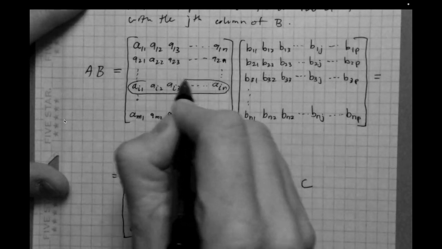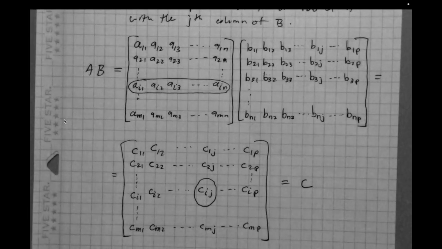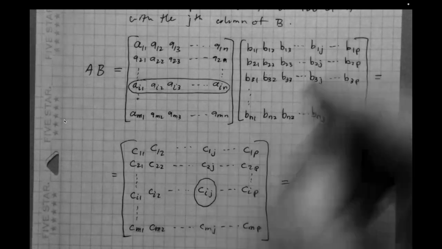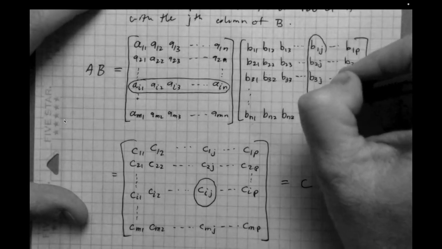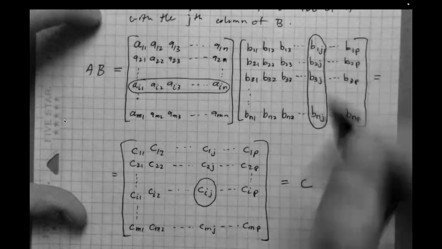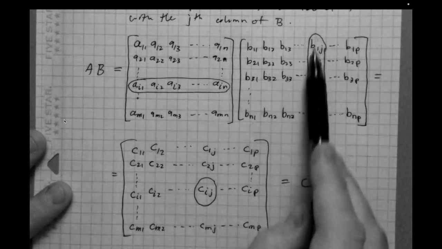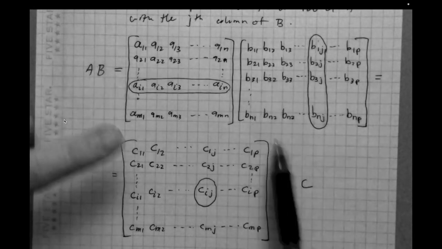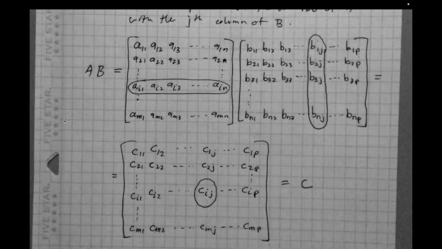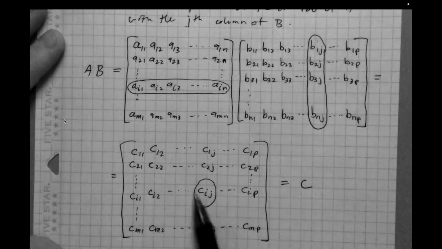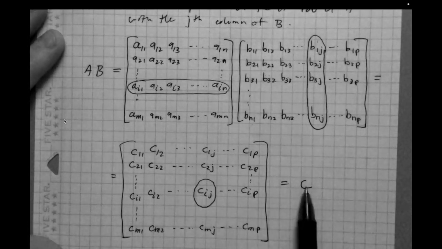You can think of this as a vector dotted against the jth column of B. Whatever these numbers are, you're going to use the dot product to combine them. And remember, the result of the dot product is always a real number, and that's going to become a new entry in the matrix C.